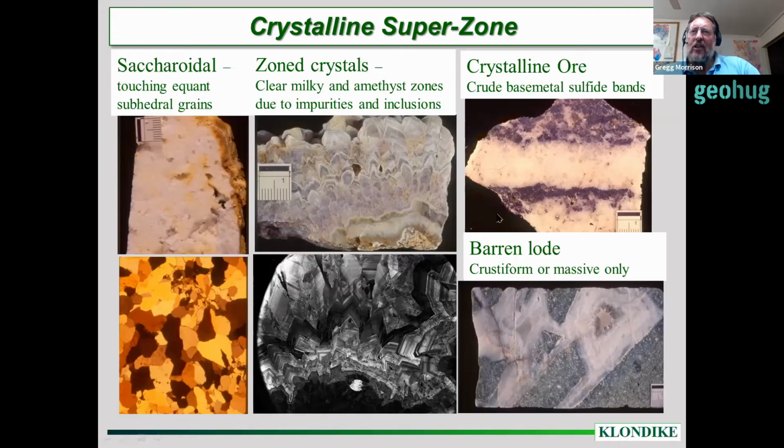When you're deeper in the crystalline zone, but still in the mineralization, it's all made up of equant crystals, and it can have sort of crude bands of sulfide in it like this one does. This sort of texture in typical low sulfidation epithermals is generally mineralized, but not necessarily ore.